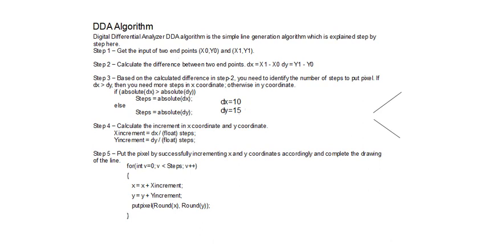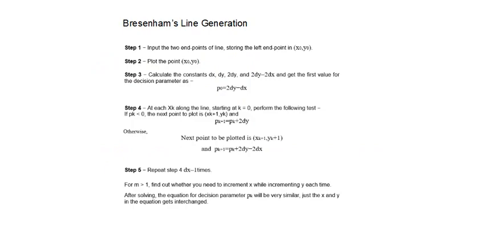So one major issue of rounding off is completely resolved in the Bresenham line generation algorithm, and staircase effect is also reduced. So in Bresenham line generation algorithm, you will input the two endpoints of the line, and the left endpoint you will store in x0 and y0. Remember, this algorithm is for the lines having slope less than 1.